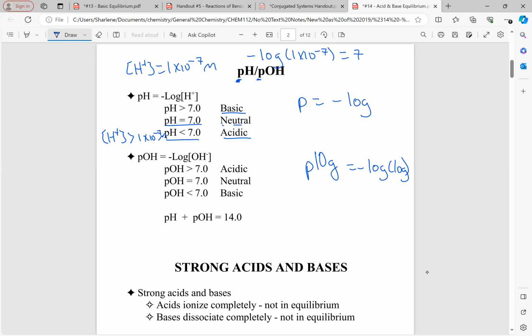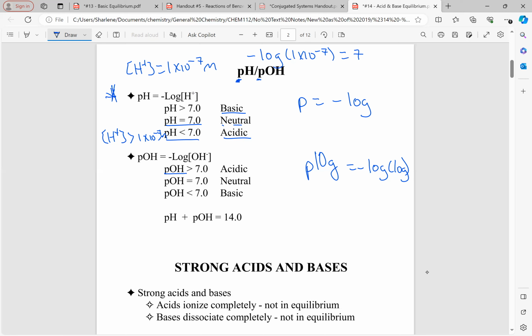Now, of course, there's nothing wrong with taking the pOH. It's just the negative log of the OH, and your numbers are going to be very similar, but a pOH of greater than 7, in this case, is acidic. 7 is still neutral, and a pOH of less than 7 would be basic. Most people like to just consider the pH aspect, but if you have a pH, you always have a pOH.